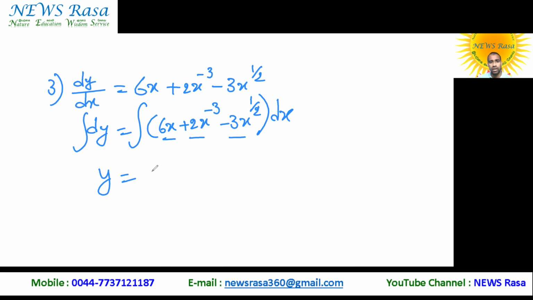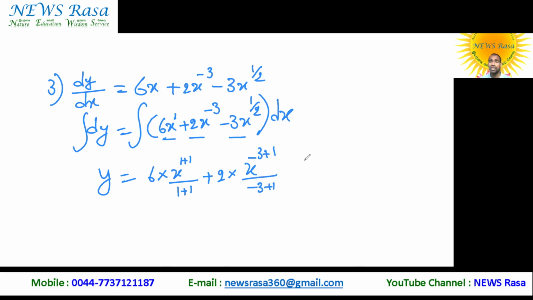So for the first one, I have 6 times, and if it is just x, then you have power of 1, correct? So you do 1 plus 1, and then you bring the power to the bottom as well. And then plus 2 times x to the power of minus 3 plus 1 over minus 3 plus 1.